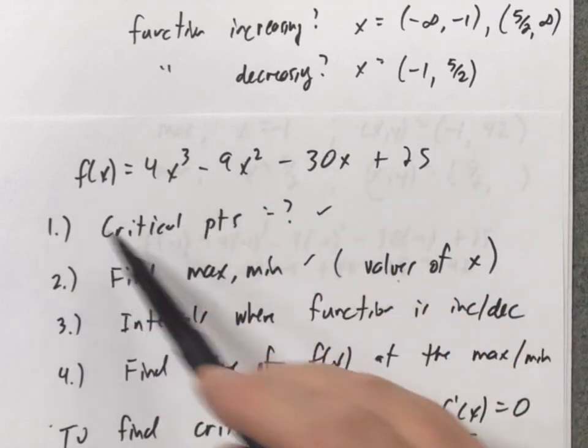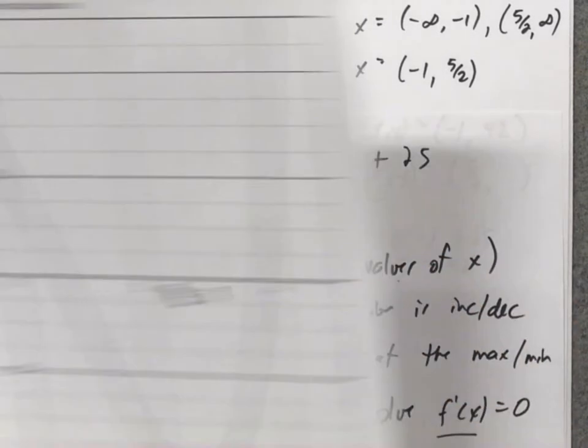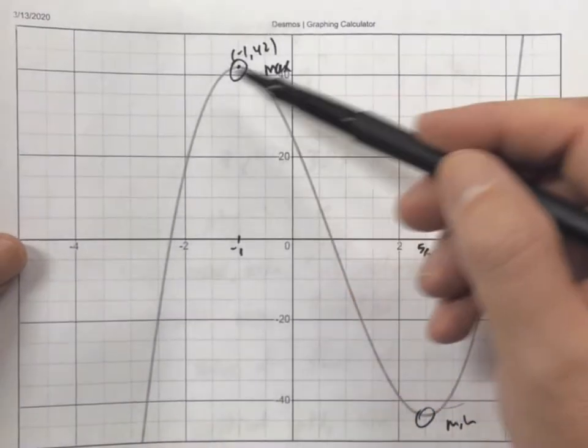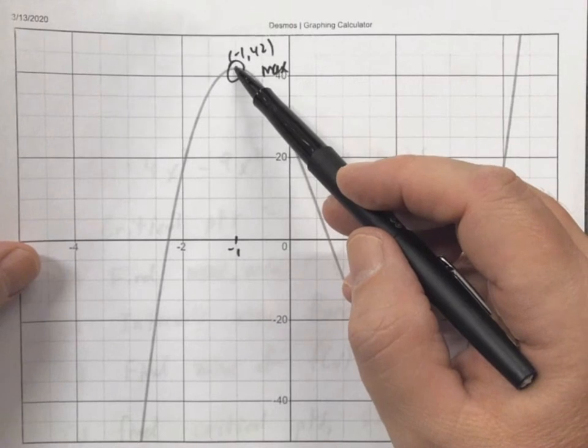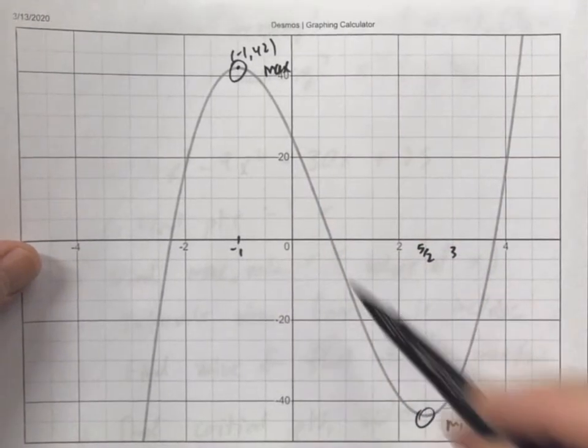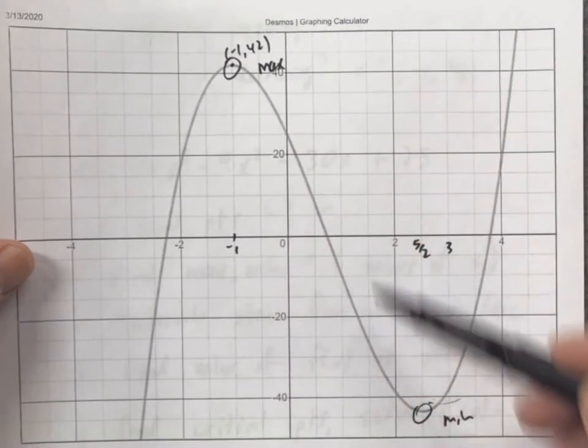So we're going to learn lots of things about this function, and once we learn everything, we're going to try and create a graph. So some of the key things we have to learn are like the max and the min. Knowing these 2 points would be very important if we were trying to sketch this graph.